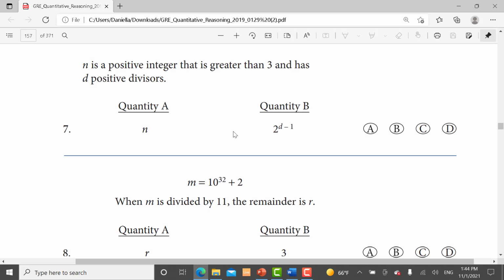One showing that quantity A is greater, and one showing that quantity B is greater.